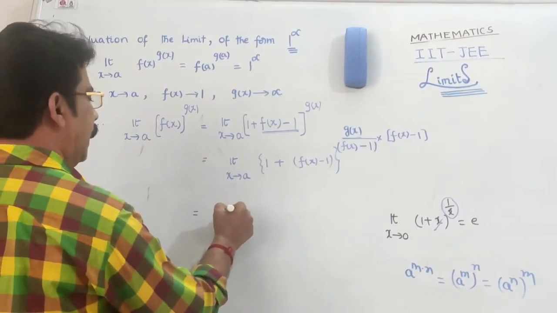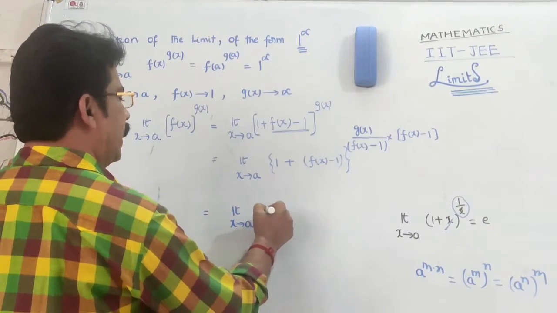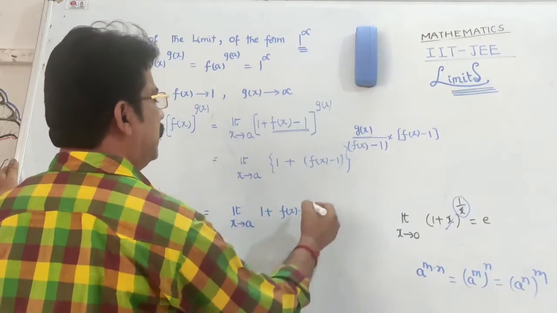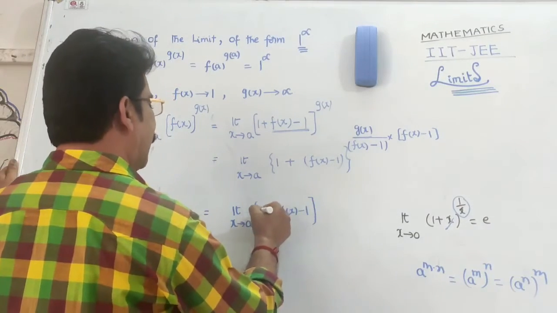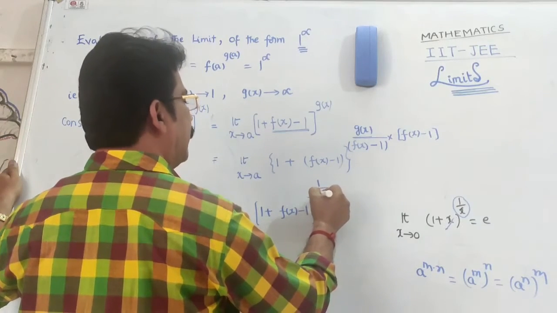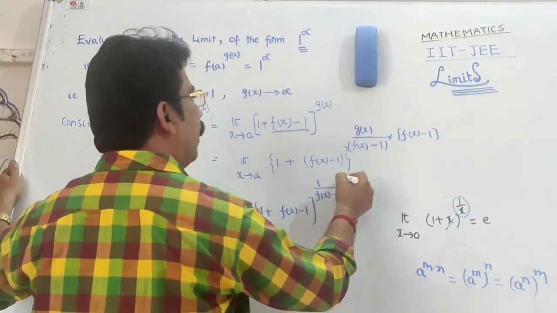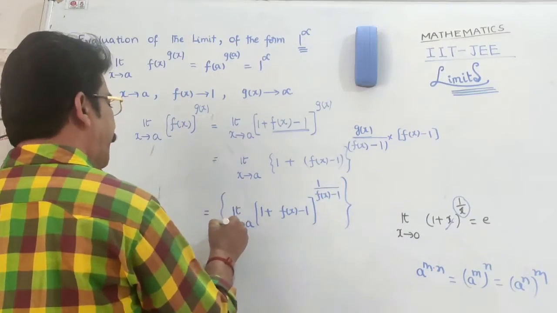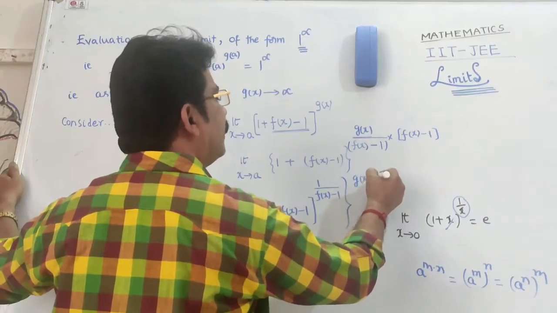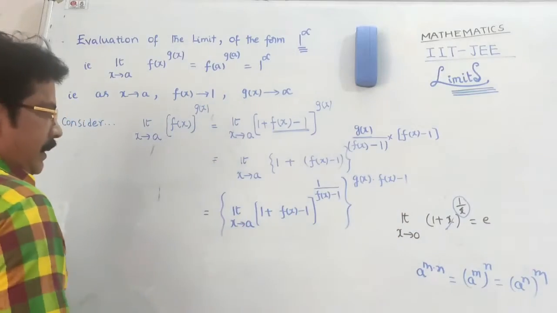So therefore limit x tends to a, 1 plus f of x minus 1 whole to the power of 1 divided by f of x minus 1, whole to the power of g of x into f of x minus 1.